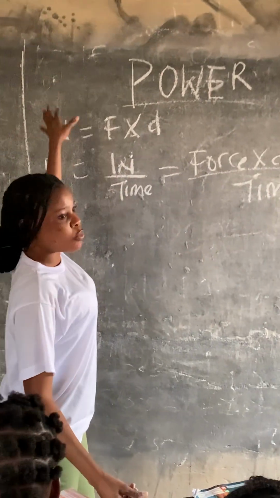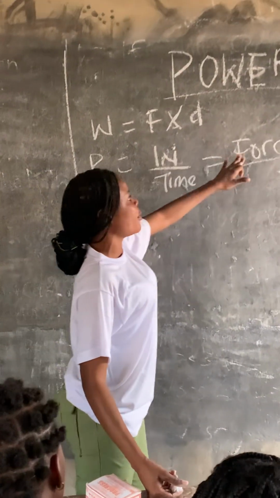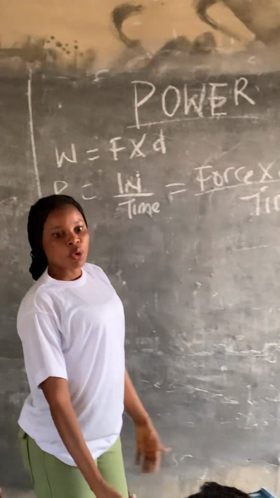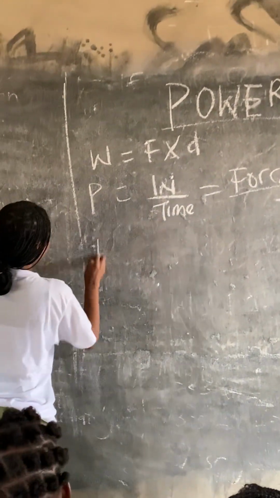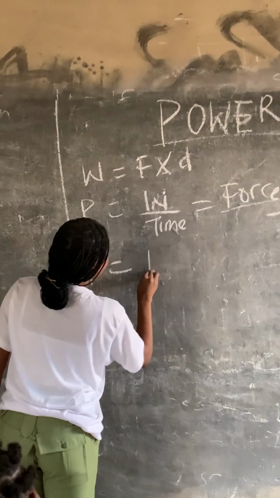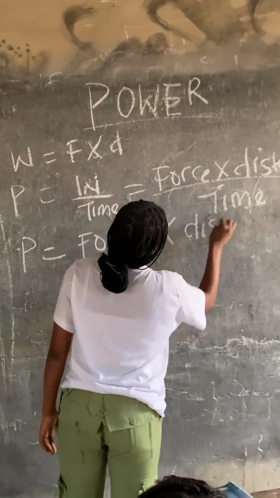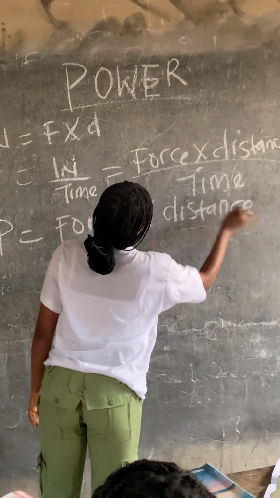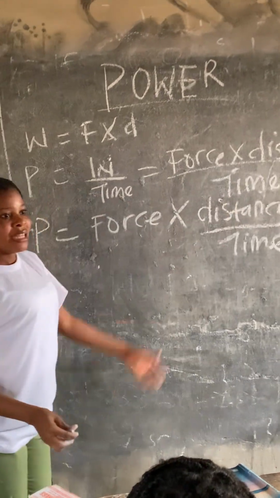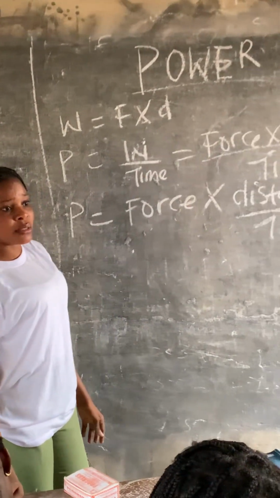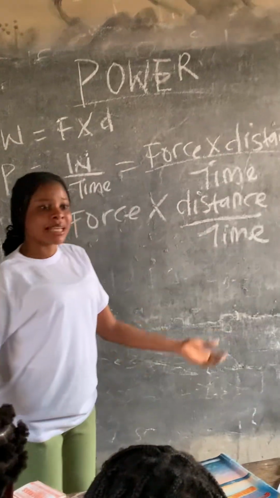Since we say work done is force times distance, when we see work done, we put force times distance. So therefore, let's use mathematical terms. P is equal to, I can rewrite it, force times distance all over time. This is still the same thing as this. So now recall, when we say distance all over time, what is it?